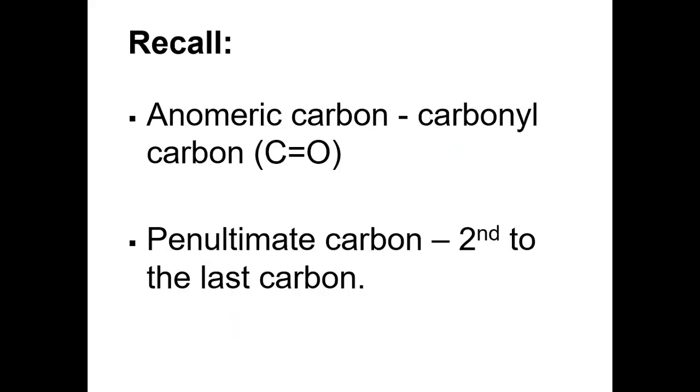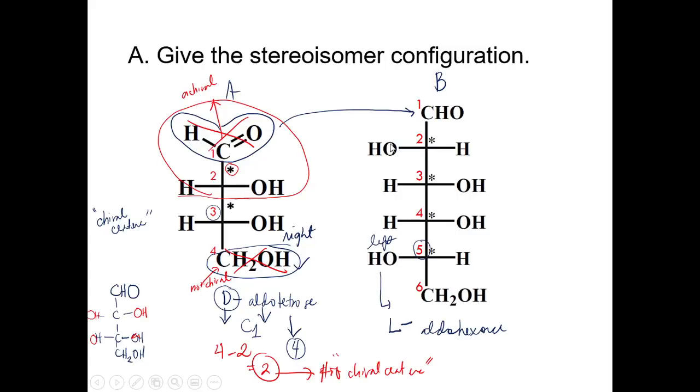We also have the discussion of anomeric carbon. The anomeric carbon is the carbon in the C double bond O. Penultimate carbon is the second to the last carbon. So we also assigned the stereoisomer configuration of our monosaccharides by simply looking at the second to the last carbon natin, which we call your penultimate carbon, and deduce the configuration based on the position of this OH.